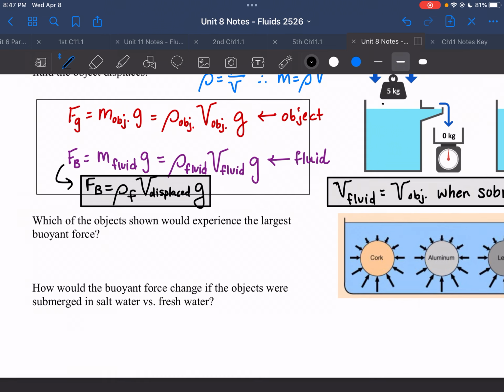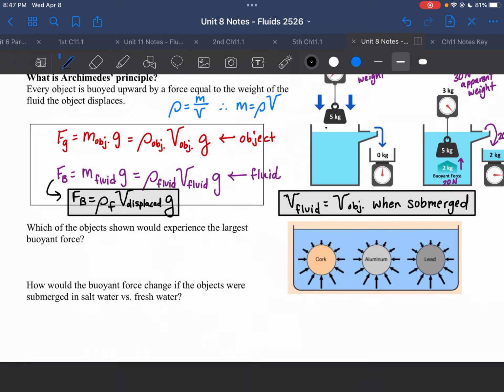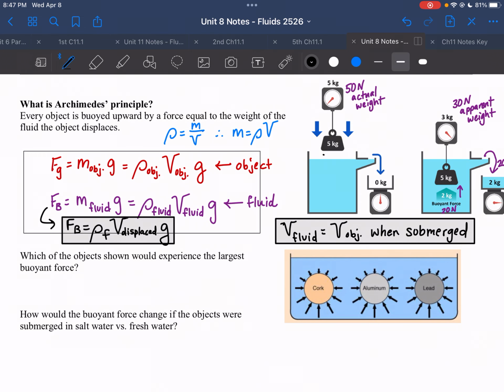All right, now down here. Which of the objects shown would experience the largest buoyant force? Well, we know that the buoyant force is based off of the density, the volume displaced, and the acceleration due to gravity. And so all of these guys have the same exact volume here.